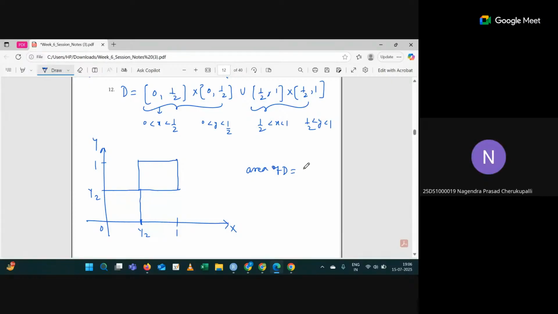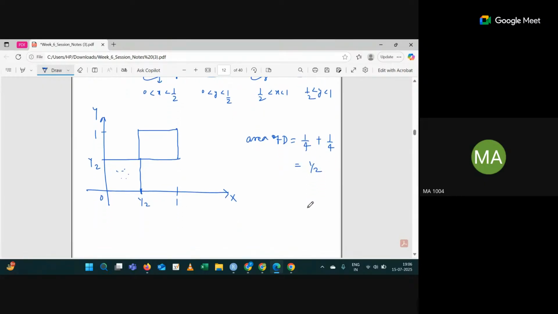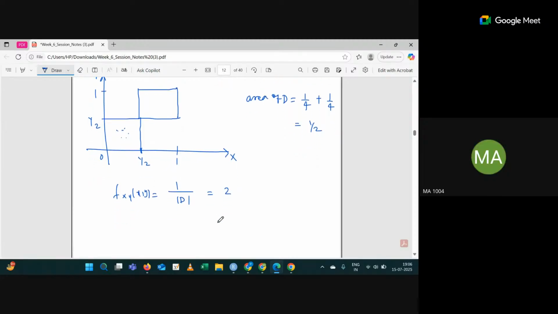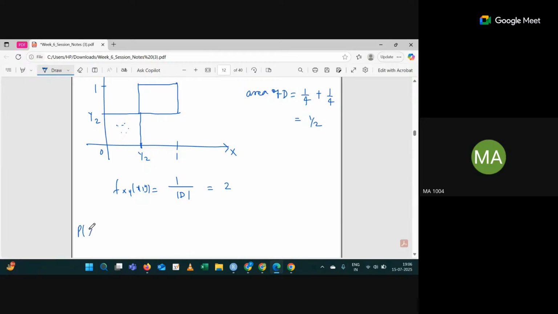So 1 by 4 for this plus 1 by 4 for this. So basically 1 by 2, right? Yes or no? Yes, sir. And what will the joint density be? It's 1 upon the area of D. So 1 upon area of D is 2, right? Correct? So now my question is again, what is the probability that x is greater than y?